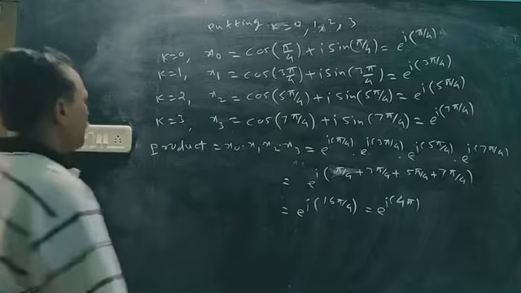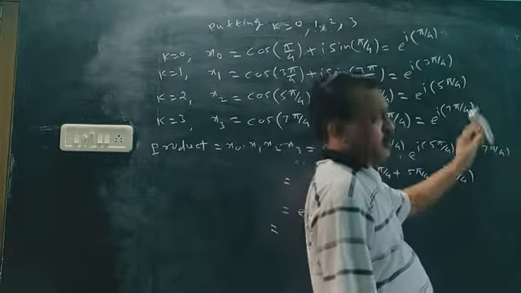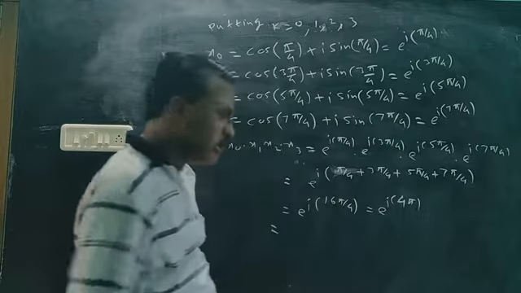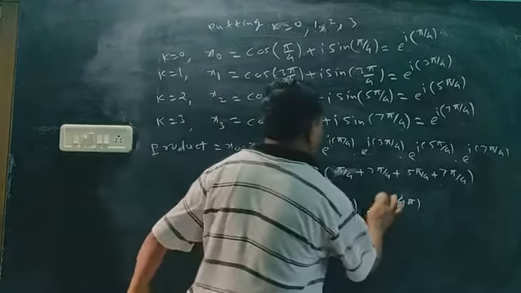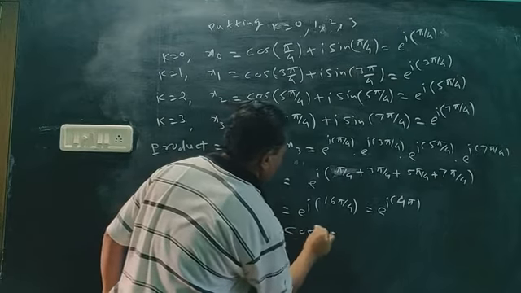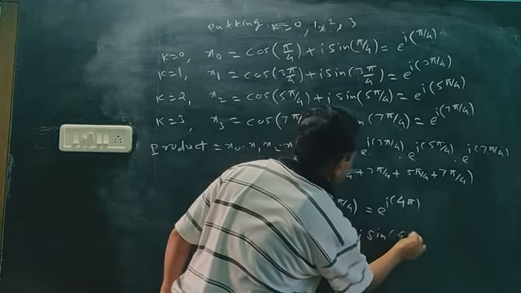Okay, now convert to sin and cosine. To simplify we use e raised to power, and after simplifying, convert back. So e raised to power i theta is cos theta plus i sin theta, with theta 4 pi.